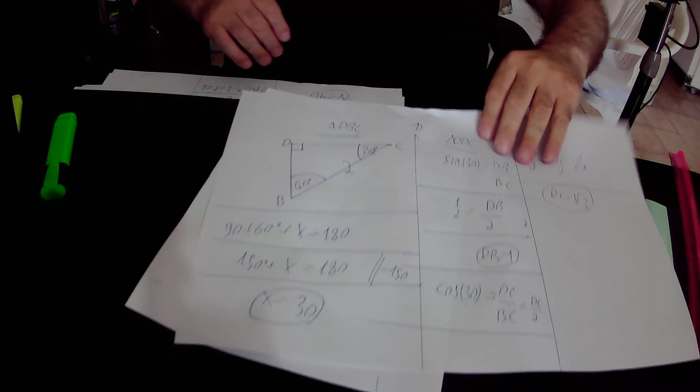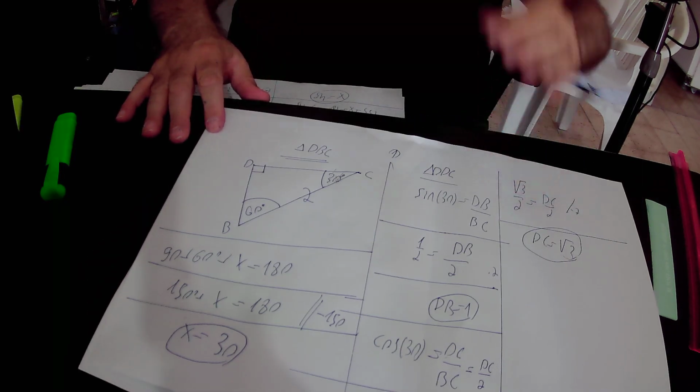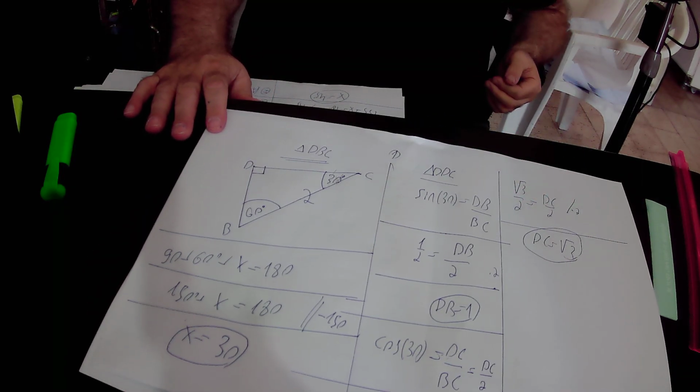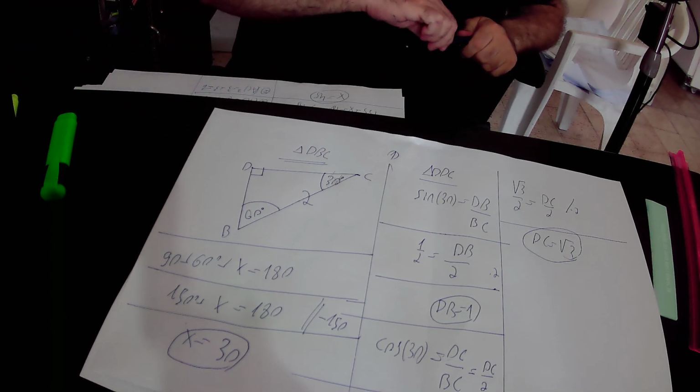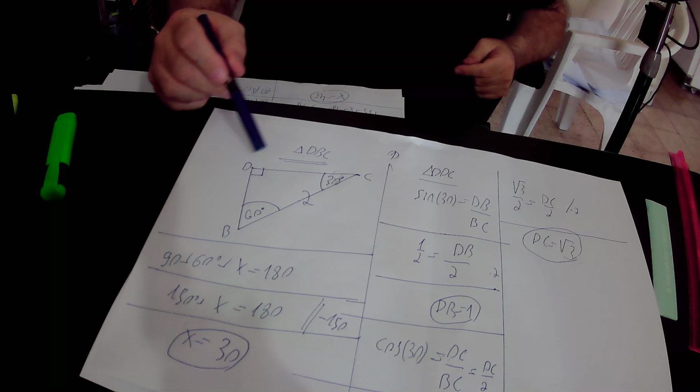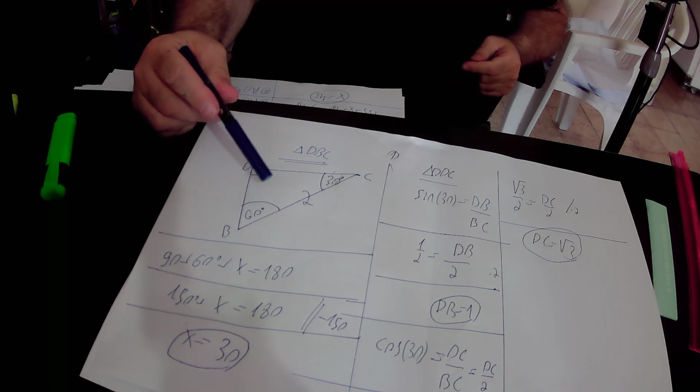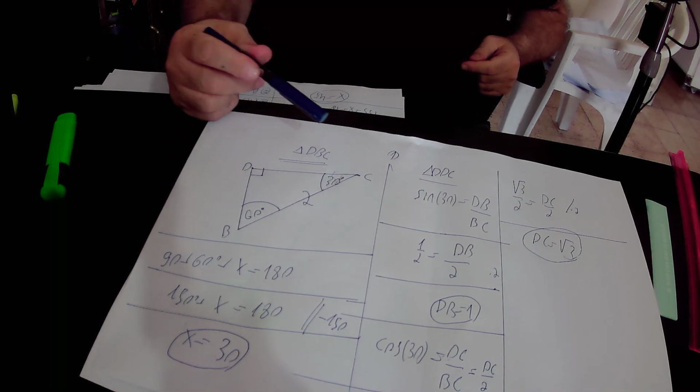This is the right triangle CBD that I copied from the original drawing. In the right triangle CBD, this angle equals 90 degrees, this angle equals 60 degrees, and this is the missing angle.